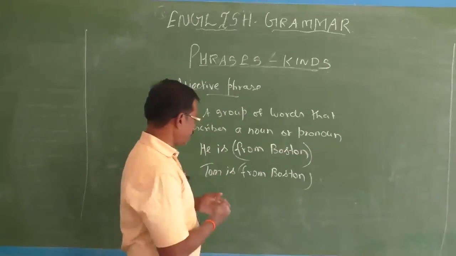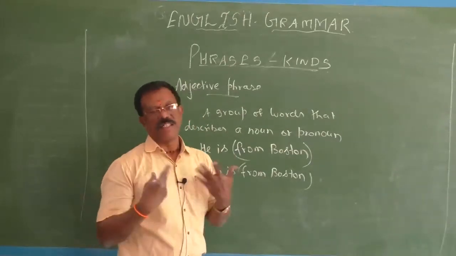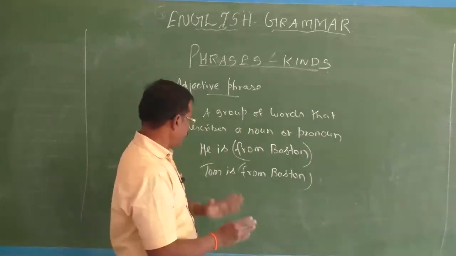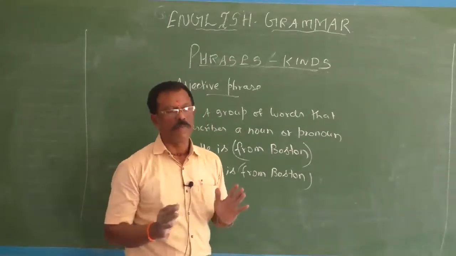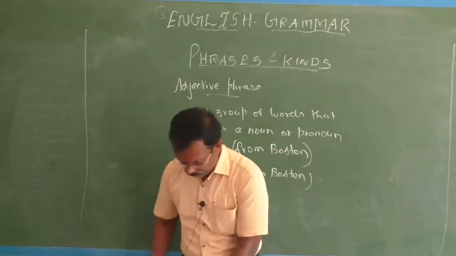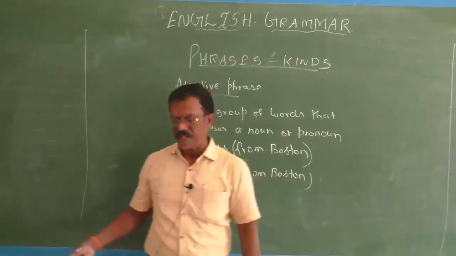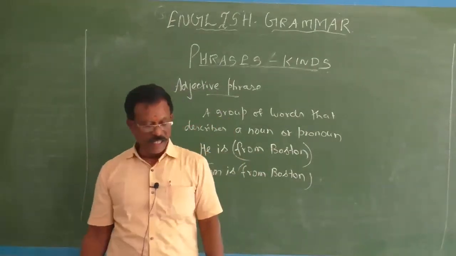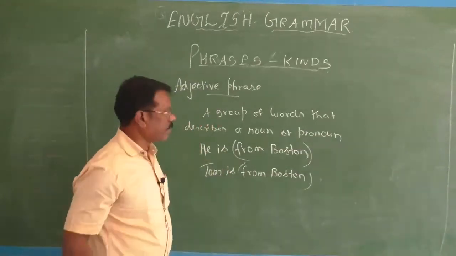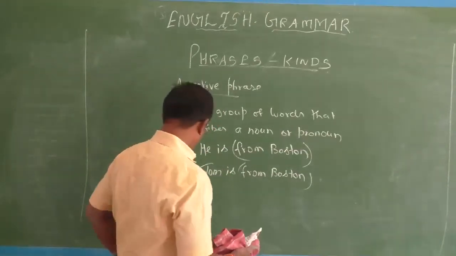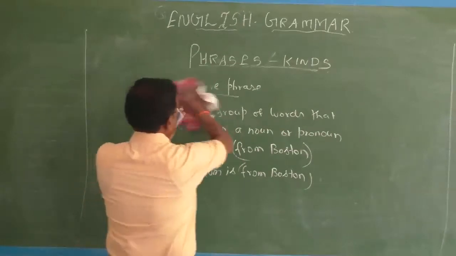But in the second sentence, from Boston describes the proper noun Tom. So an adjective phrase is a group of words without a subject-verb combination that does the function of an adjective. It describes a noun. Okay, fine. Next I will give you some examples for you to understand this adjective phrase.